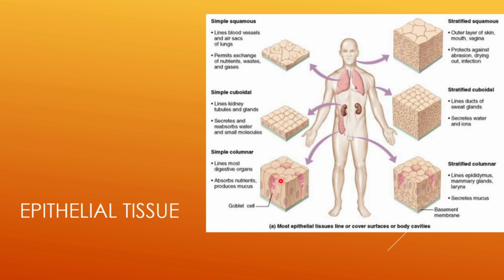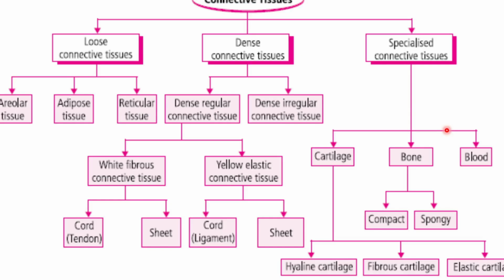So an in-depth knowledge of epithelial tissue isn't necessary, but certainly an understanding of where different types of epithelial tissue are found, and that they have different functions, is useful.